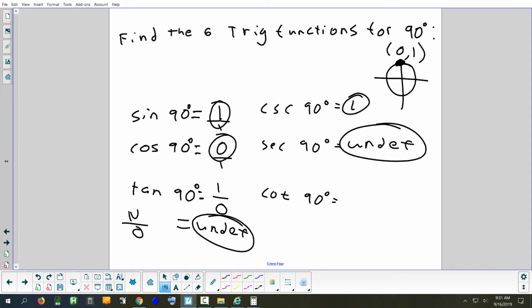Now, for the cotangent, you're flipping undefined. Or what you're really flipping is 1 divided by 0. So flip it. What's 0 divided by 1? 0, yes.